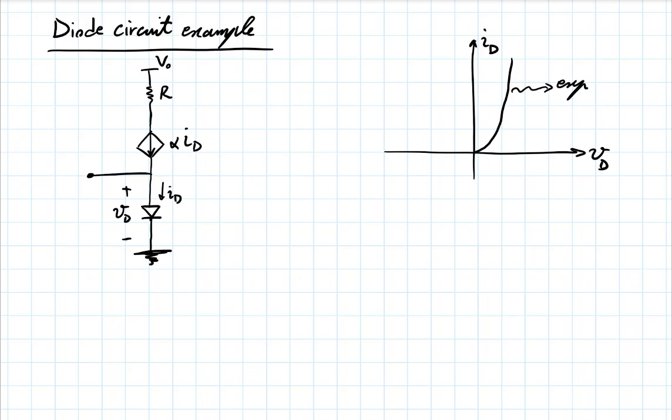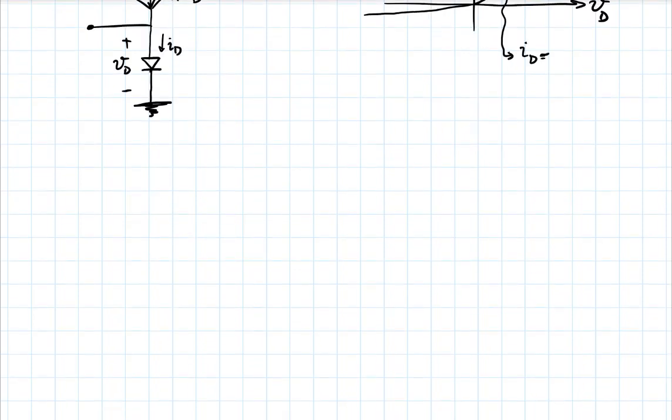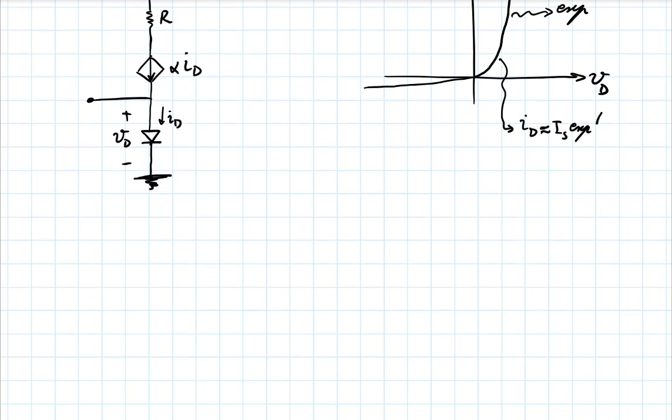So I'll write that down. Approximately, the saturation current times the exponential of VD over VT, this being the thermal voltage.